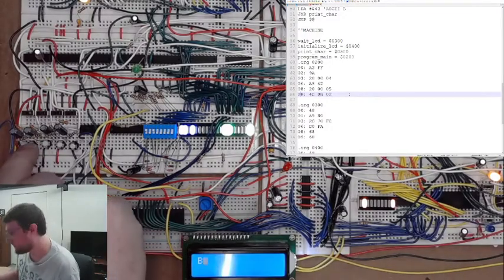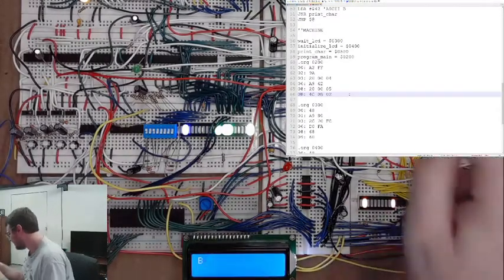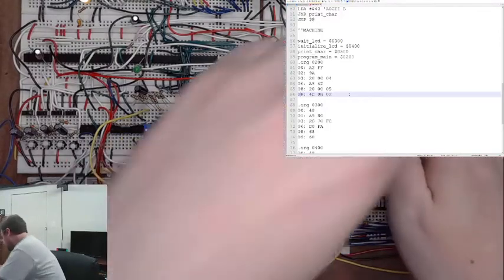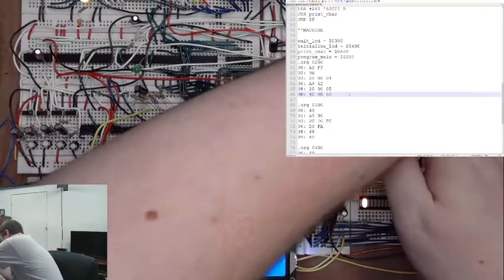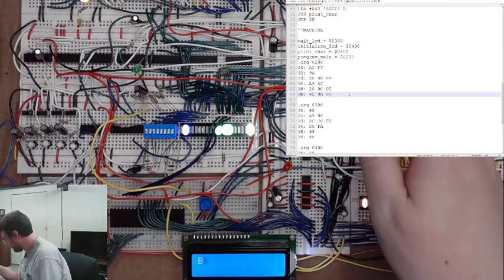Okay, so single stepping the code works just fine. We are now looping forever. Let's go ahead and clock this and see if everything works out the way it's supposed to.